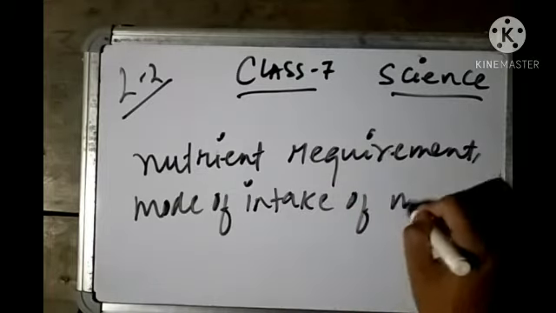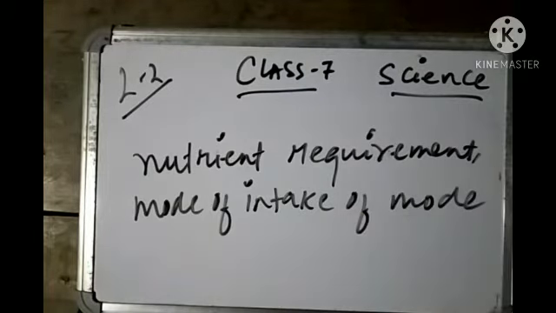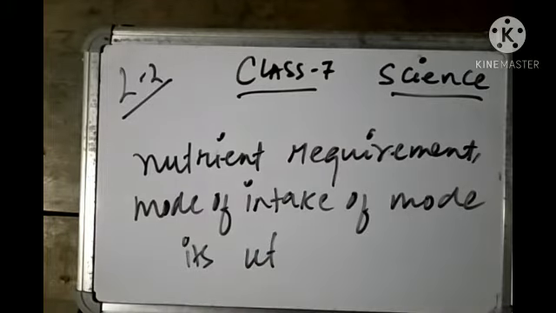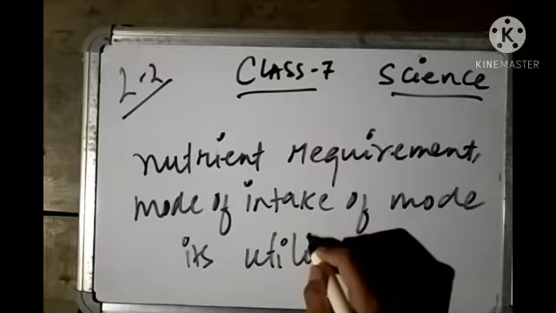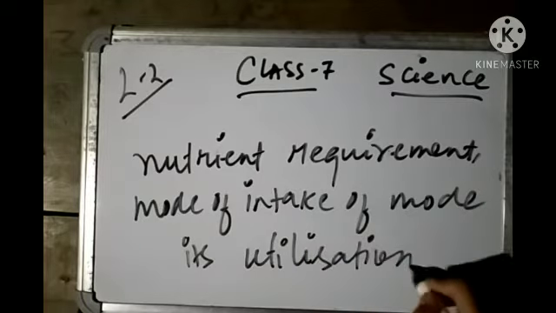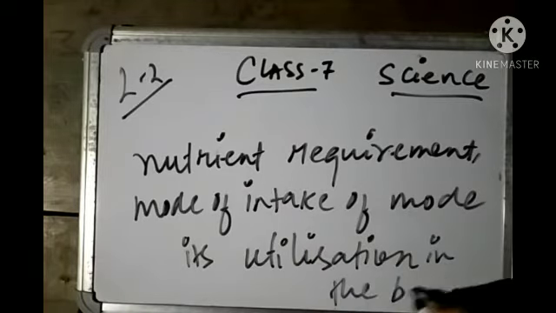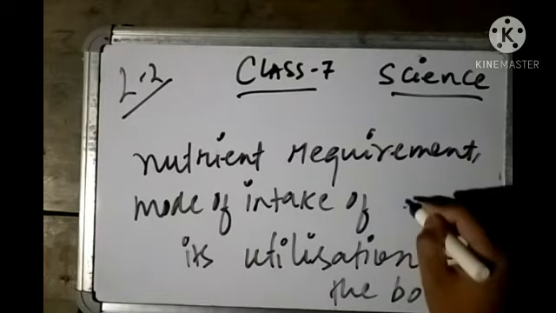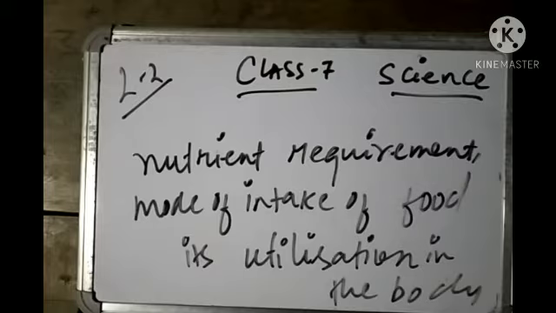Animal nutrition includes nutrient requirement, mode of intake of food, and its utilization. How it is utilized in the body of the animal, and its utilization in the body.